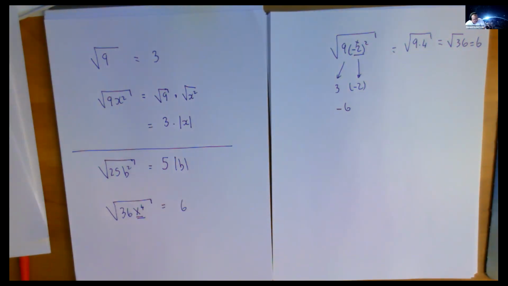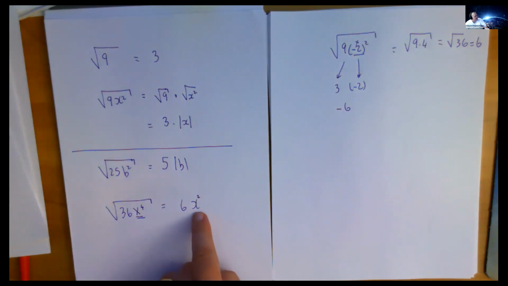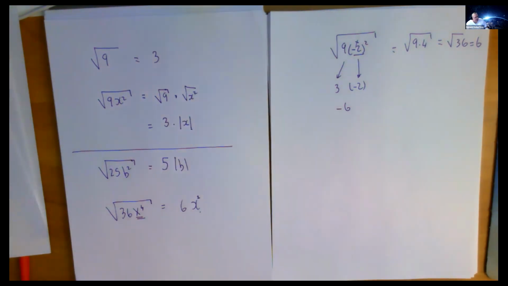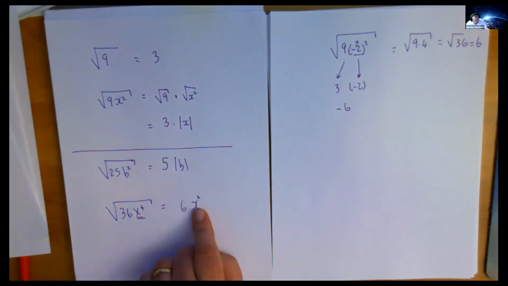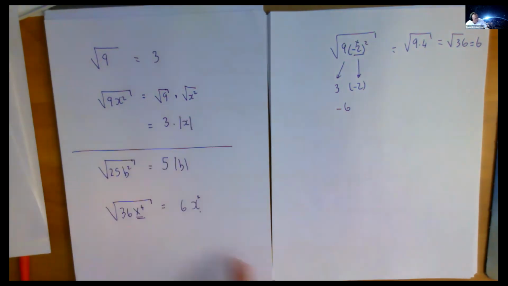So what's the square root of x to the 4? x squared. Agreed. Now, that does not need an absolute value around it. That did, this didn't. And you might say, well, why doesn't this need it? Remember, the only reason that's there is to make this positive, and isn't x squared always positive no matter what value x is?